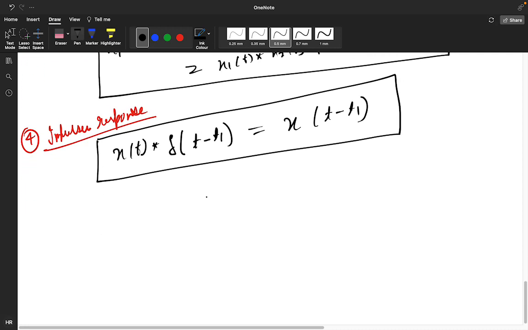And if t1 is equal to 0, then x of t convoluted with delta of t will simply be x of t only.